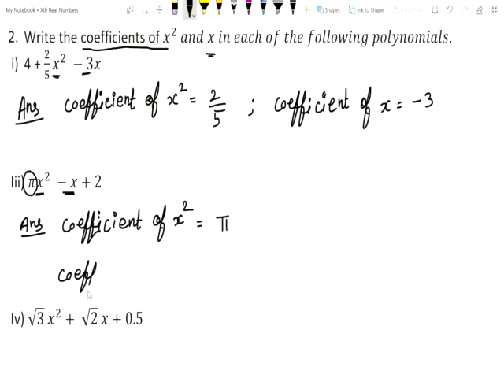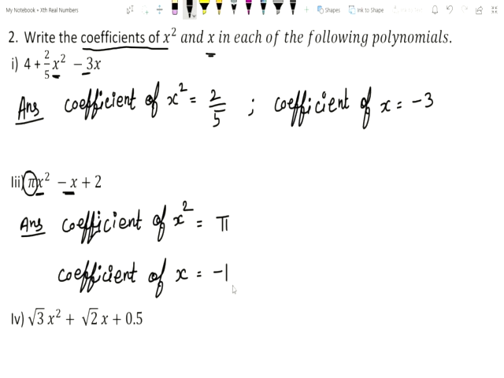Coefficient of x is minus 1. Coefficient of x square equal to 5, coefficient of x equal to minus 1.